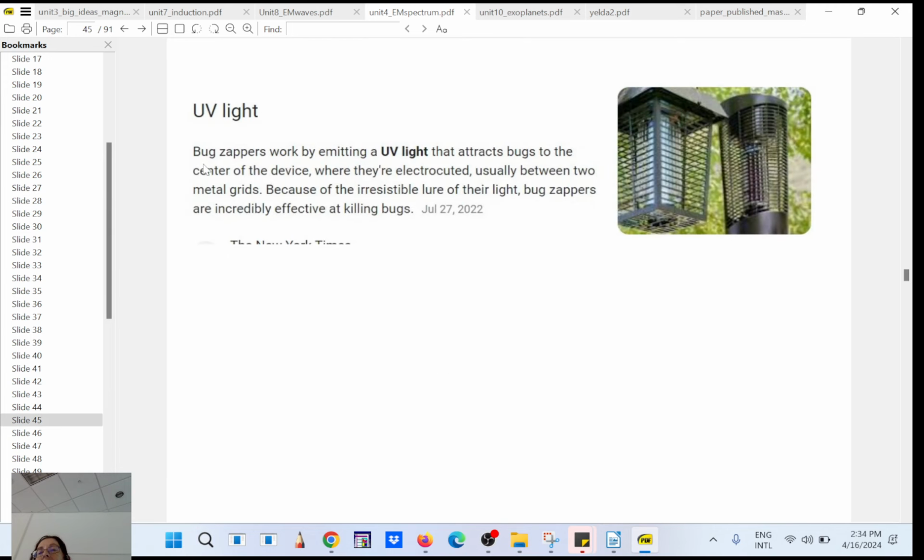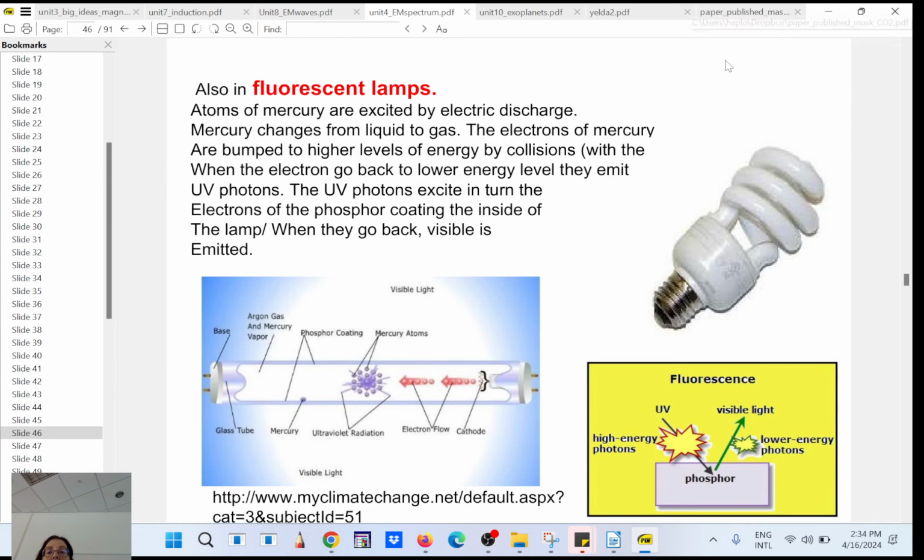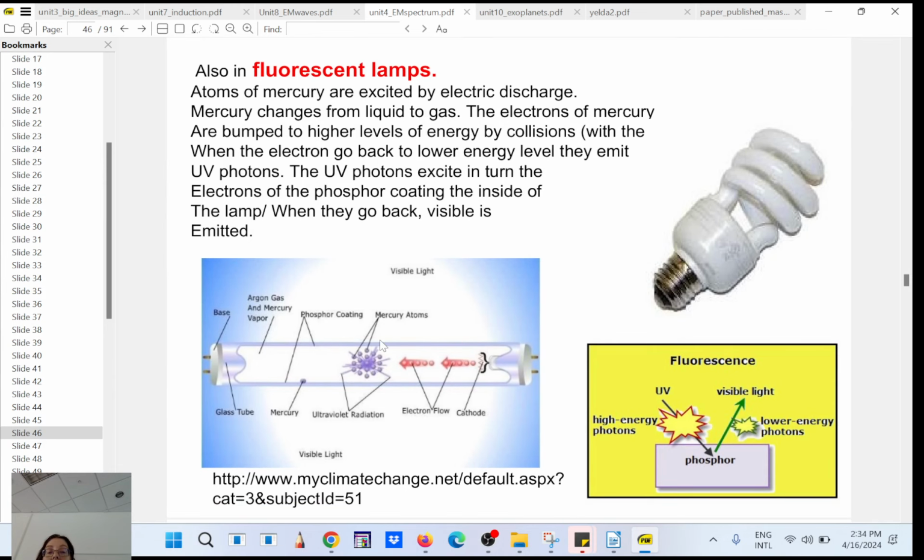So UV light can be used to destroy bugs. It's efficient for camping, for example. A fluorescent lamp also uses UV light. The way it works, you apply a voltage, and the electrons speed up. Inside you have mercury, which is why you usually have to recycle fluorescent light bulbs.